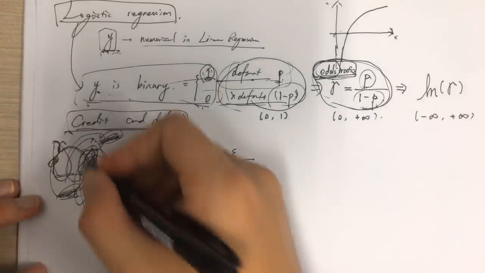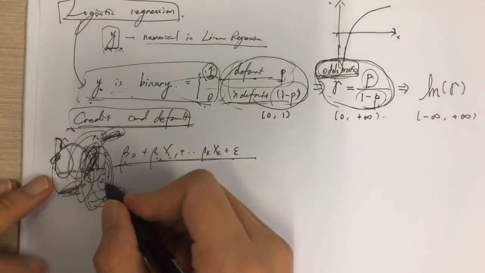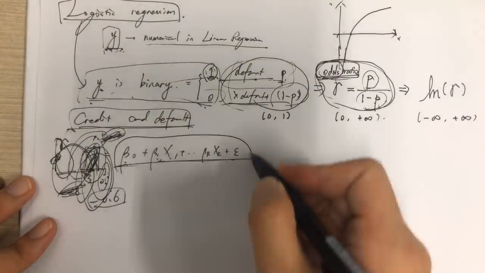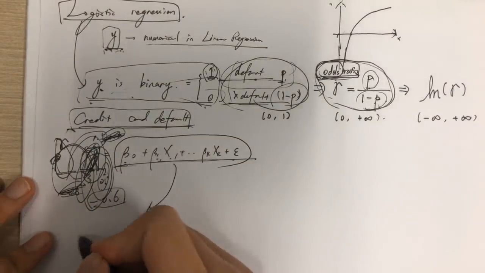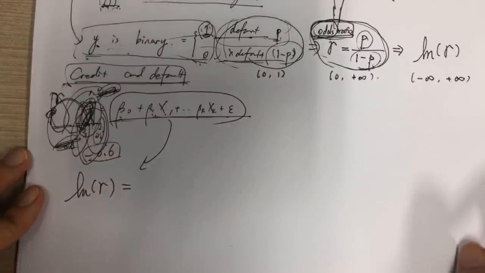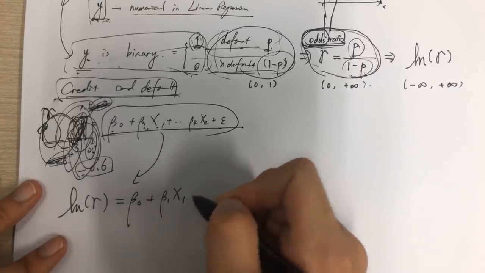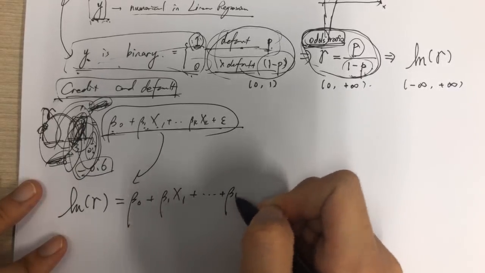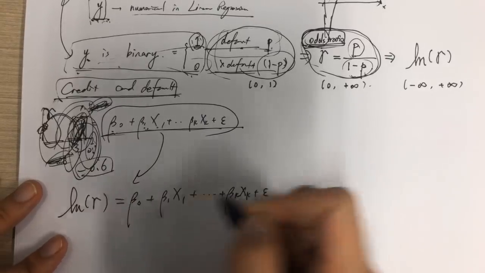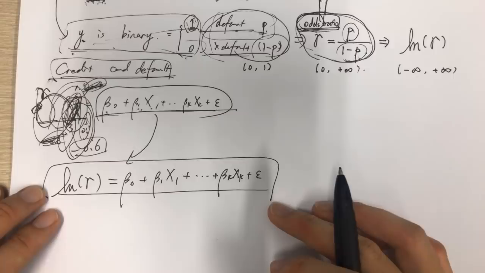Okay, finally, we find one good thing to become our dependent variable, right? So we still use this regression model, and we use log of r. So log of r equals beta 0 plus beta 1 x1 plus up to beta k xk plus epsilon, and this is called the logistic regression model.